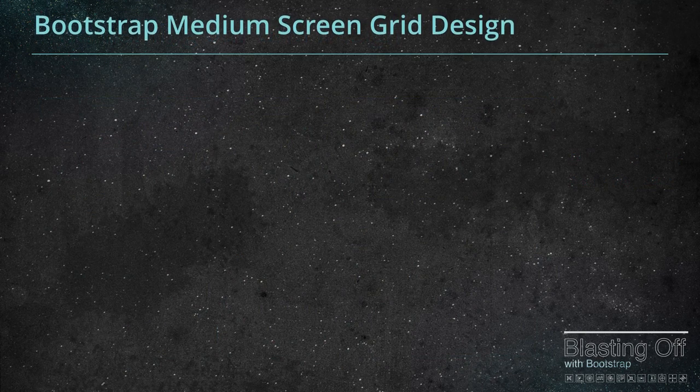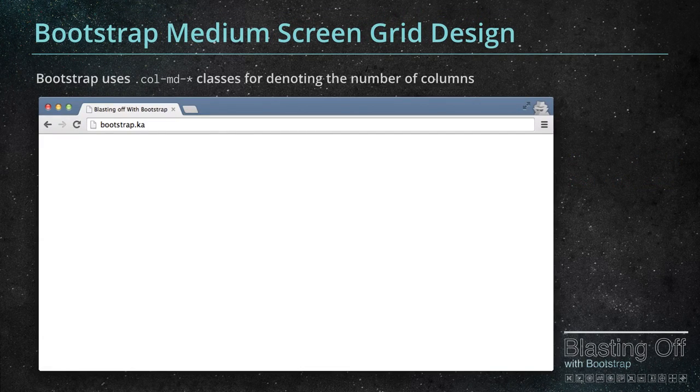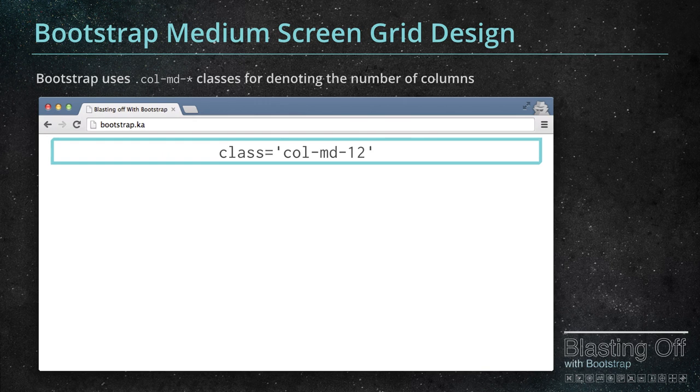We can use Bootstrap's col-md-* classes, and we can denote the number of columns each of our elements takes up. The md in this class name represents a medium-sized screen, like on a laptop. We'll explore some other screen sizes later on, but md is a good starting point for creating your grid. To start, we know our h1 tag is going to span all 12 columns.